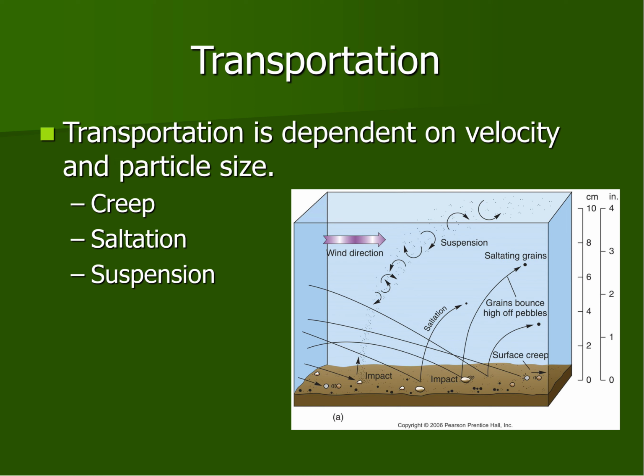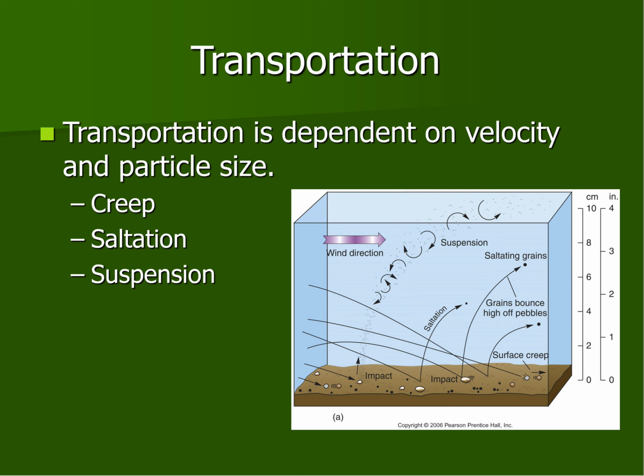So with Aeolian geomorphology, transportation occurs in one of three ways. The first is creep, which means it's moving along the surface of the earth. This is our largest particles. They are too big to be suspended or saltated, where they can be impacted and then rebounded into the atmosphere.